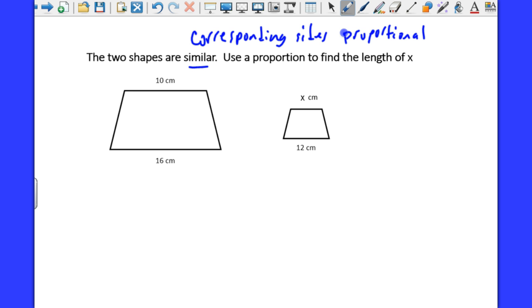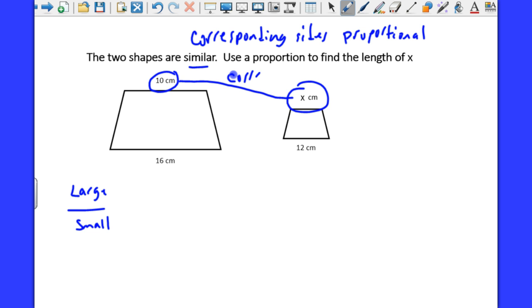So what that means is if I look at this, I'm just going to go large over small. And if I can identify corresponding sides, for example, this 10 corresponds with that. Now if you look at the figure carefully, those are the same shape, it's just been shrunk.